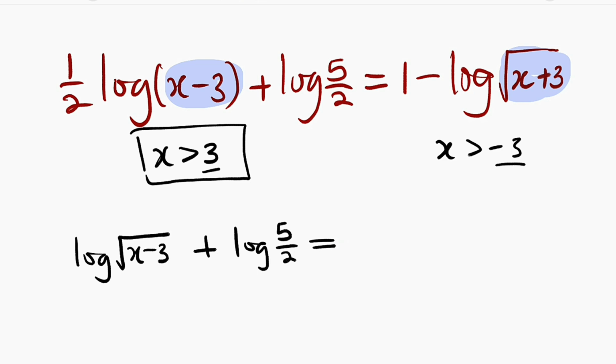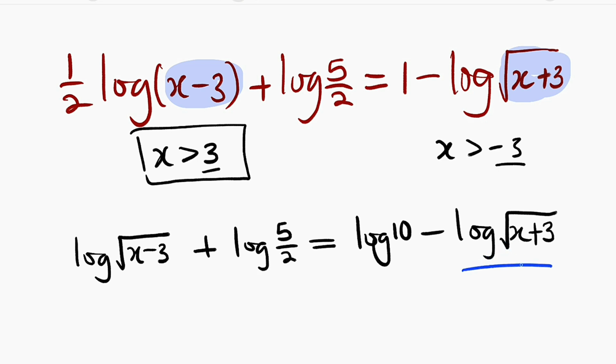And remember, log of any number having the same base as the number is always equal to 1. Therefore, we can express 1 as log of 10 base 10, since any logarithm without an assigned base is to base 10. So this is log of 10 minus log of the square root of x plus 3.